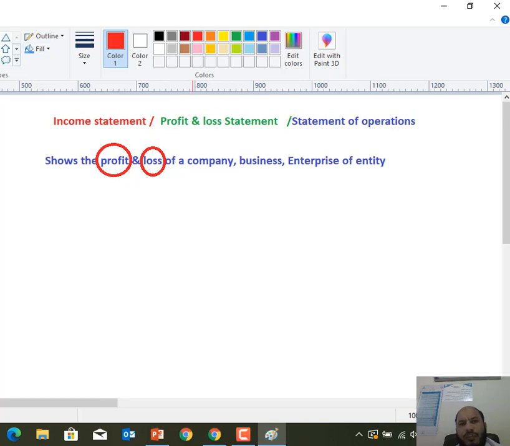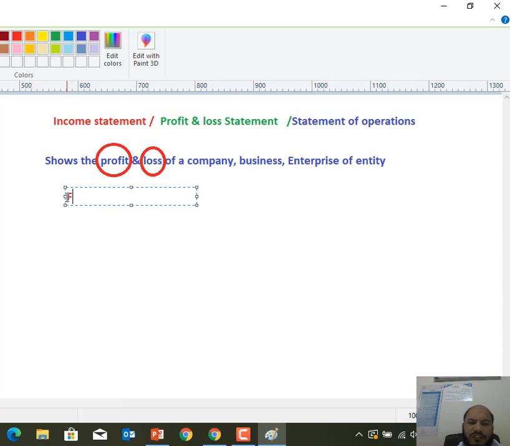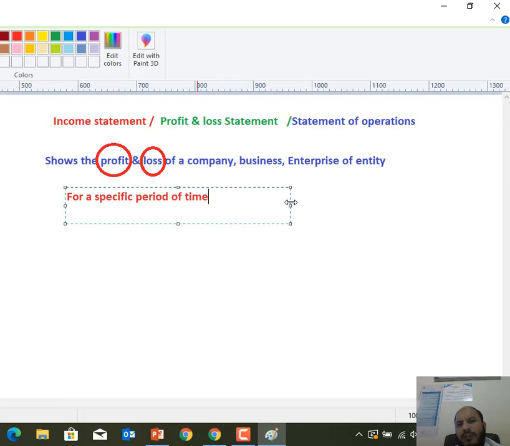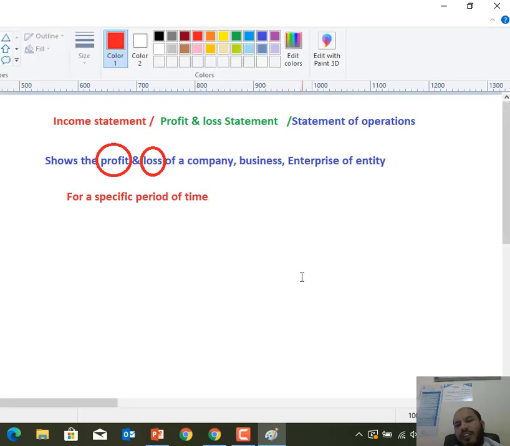How will it show the profit and loss of a company? For a specific period of time. This is important, for a specific period of time. So this will show us the profit and loss of a company, but for a specific period of time. So this is also another important term that we should not ignore. And the specific period is the period of 1 year.